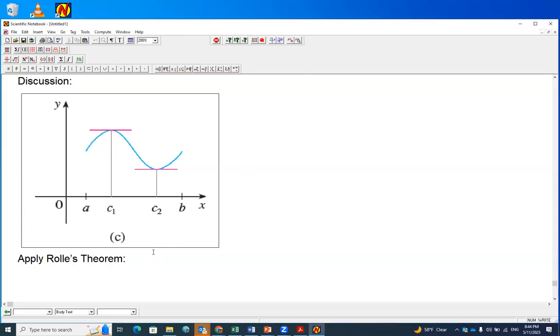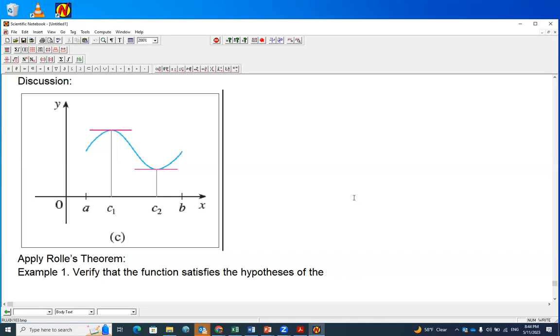Example number 1: verify that the function satisfies the hypotheses of Rolle's theorem.